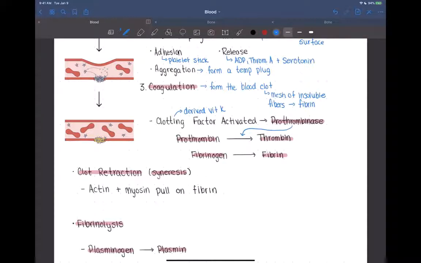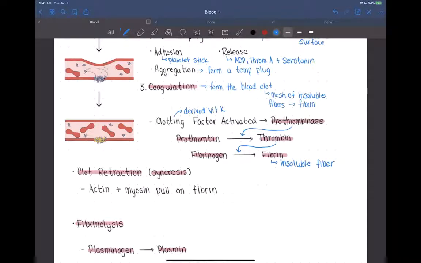Then that thrombin is going to activate fibrinogen to fibrin. Fibrin is that insoluble fiber, meaning it doesn't dissolve in water.